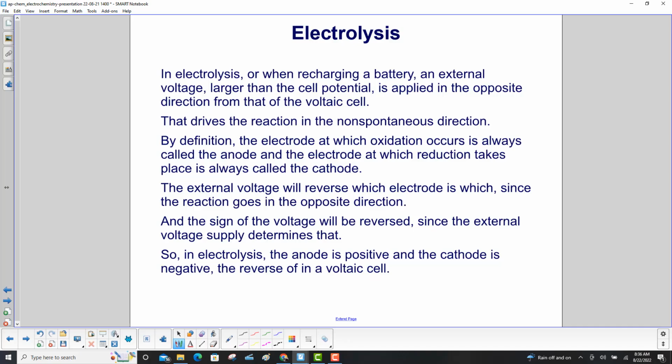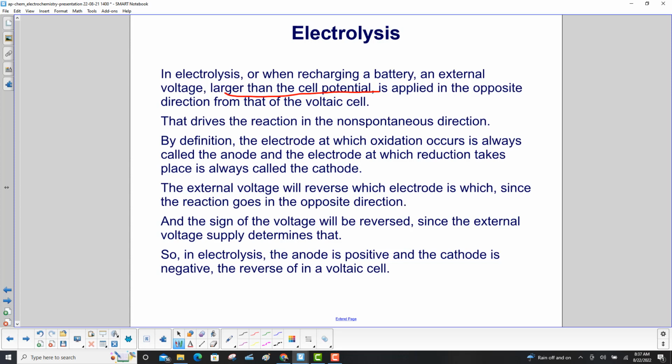In electrolysis, or when recharging a battery, an external voltage, larger than the cell potential, is applied in the opposite direction from that of the voltaic cell. That drives the reaction in the non-spontaneous direction. By definition, the electrode at which oxidation occurs is always called the anode, and the electrode at which reduction takes place is always called the cathode.